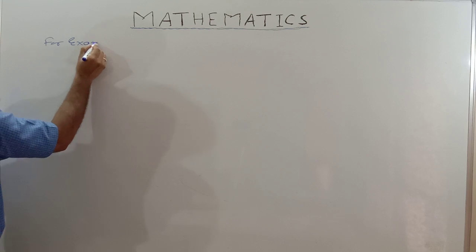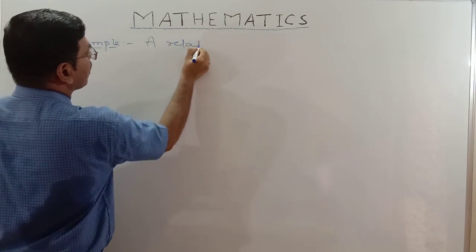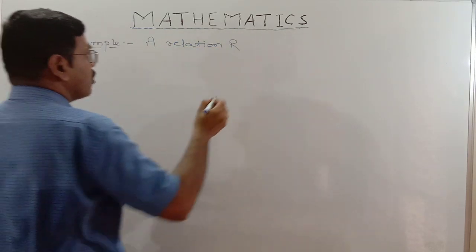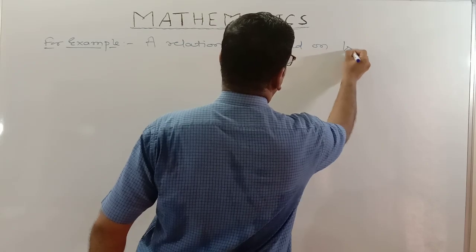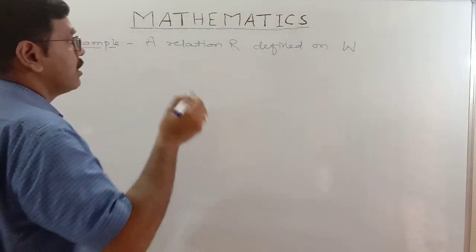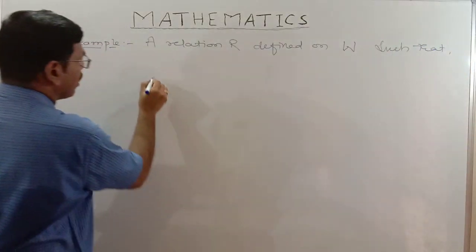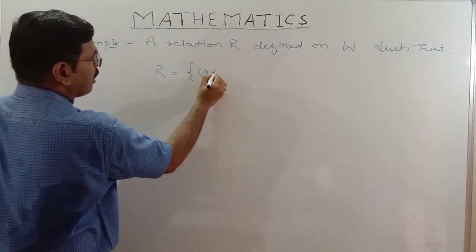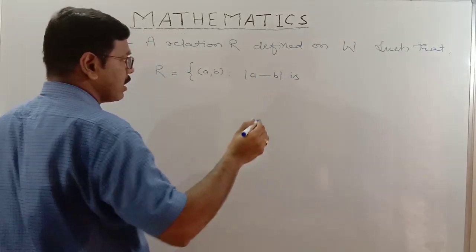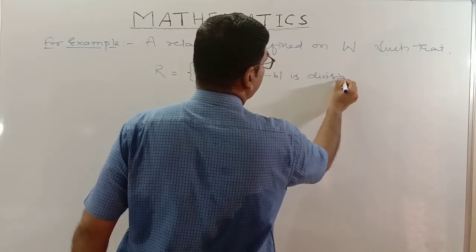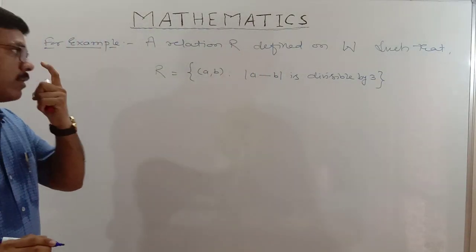For example, see a relation R defined on, suppose, W, the whole numbers, such that R is equal to the set of (a, b) such that modulus of a minus b is divisible by 3.